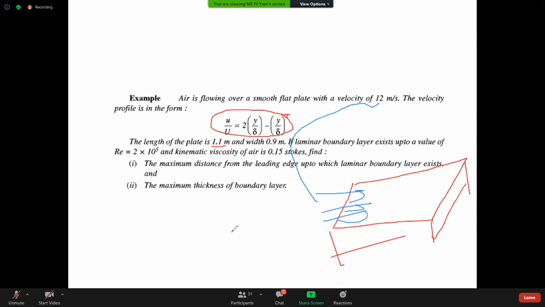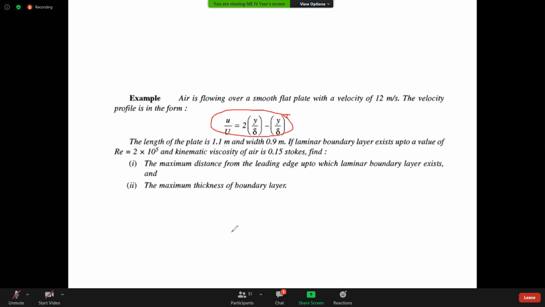After that, what is it asking you to calculate? What is the maximum distance from the leading edge up to which laminar flow exists, and the maximum thickness of the boundary layer. These things are asked. Whatever value has been given, let us follow with that.